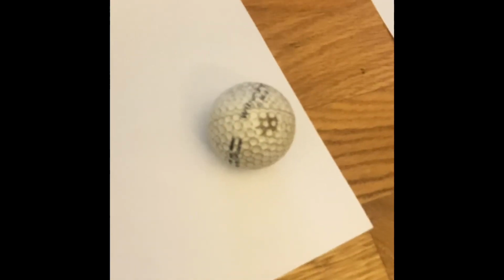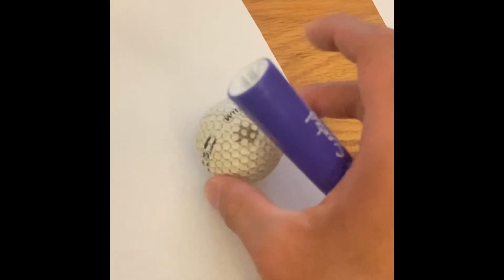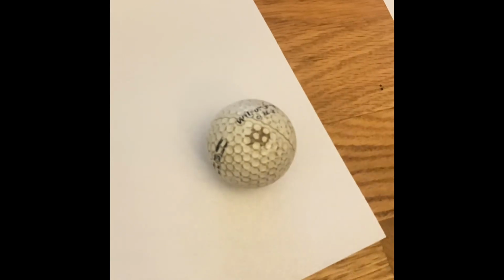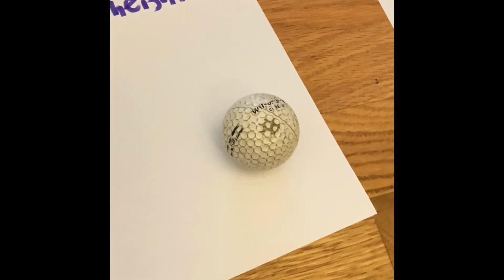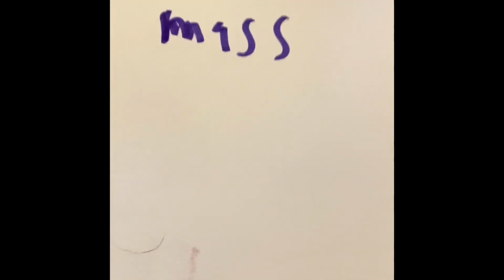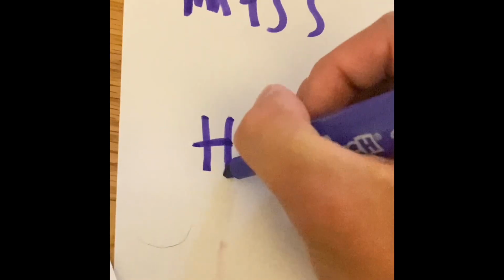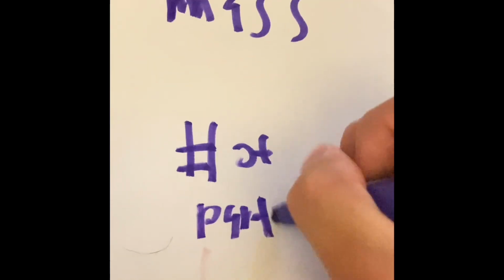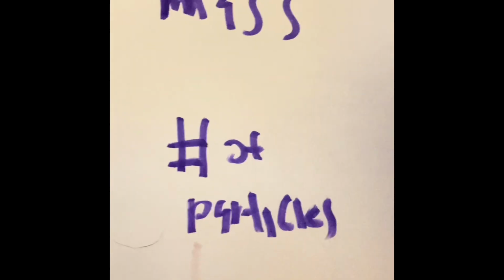And if you say if this golf ball has a mass, it does too. Those two definitions are different. The reason why is the mass is defined as how many particles are in that object. So the number of particles. So we're going to see, for example, how many particles are in this golf ball.